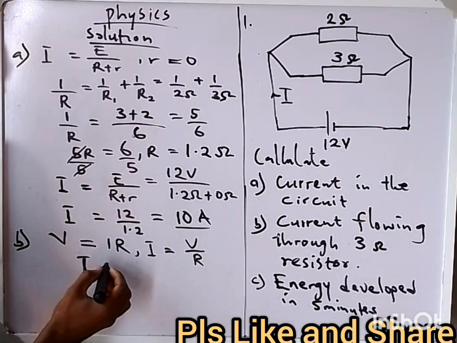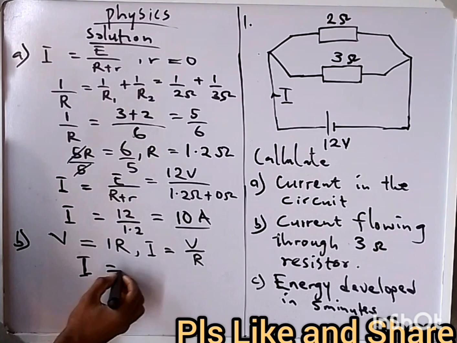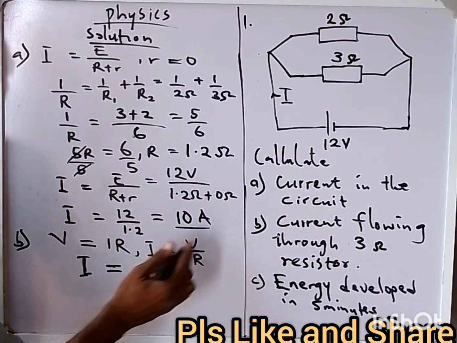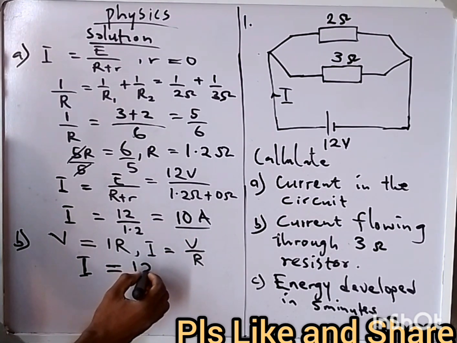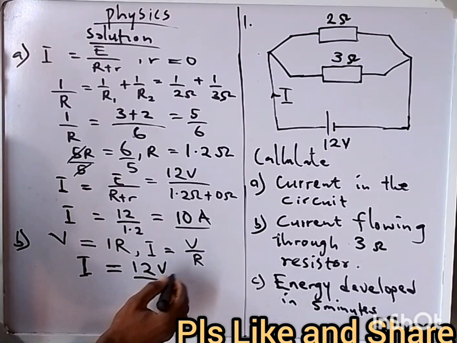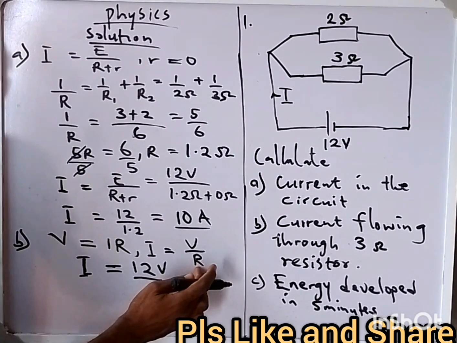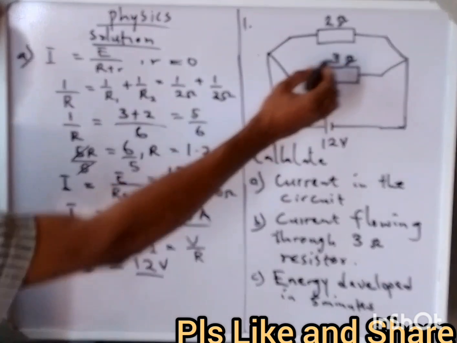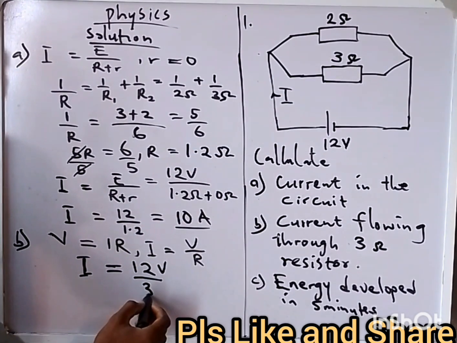So we can now have that the current that goes through the 3 ohm resistor is going to be equal to V, which is 12 volts, over R. R is 3 ohms.